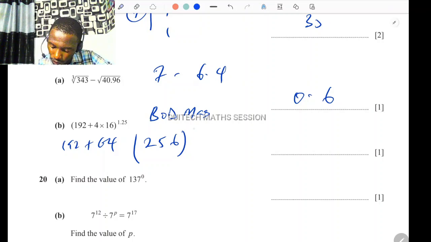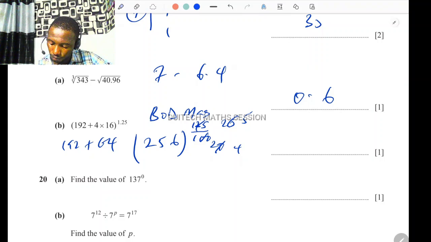Of course, 1.25 is something as what? 125 over 100, yes. So you can break them down. 125 divided by 5 gives 25, 5 here again gives 5.